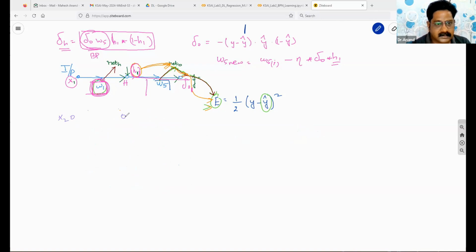This is the second neuron. The output is H2. Like W1, we call this W2, right? This is W3 and this is W4. This H1 is going here. Similarly, this H2 goes via W6. This part we already completed, right? This is W7 and this is W8 according to our PPT.